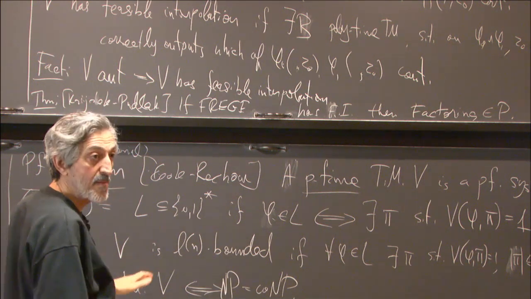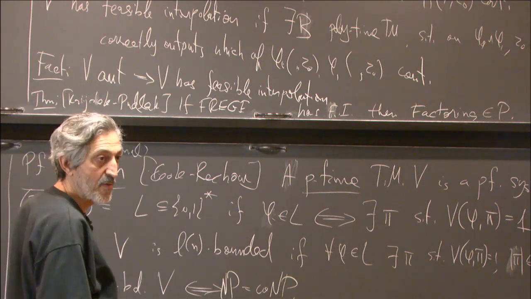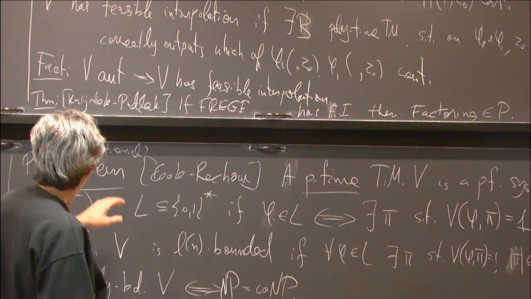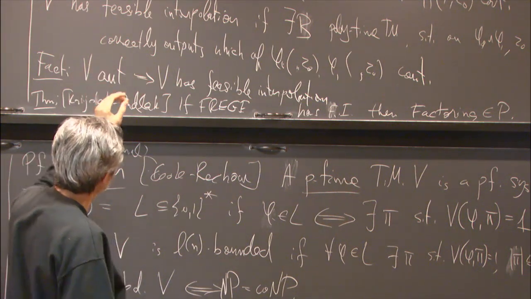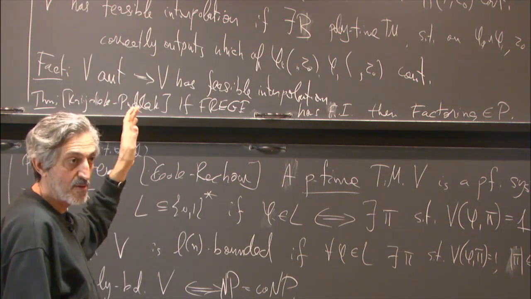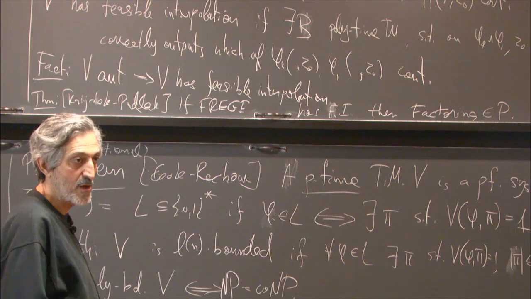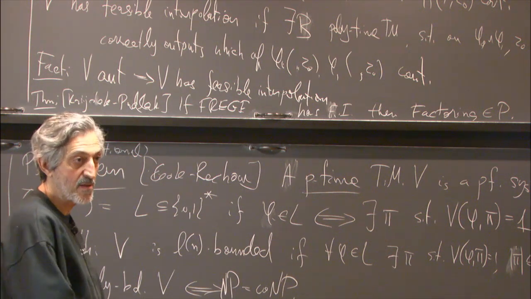But the running time is polynomial in the length of the proof. When I define the feasible interpolation, it's the running time of the Turing machine, which has to tell you which is which, that has to be polynomial in the length of the proof.